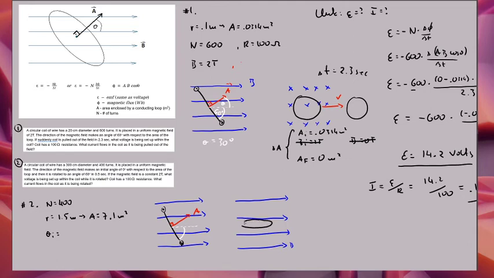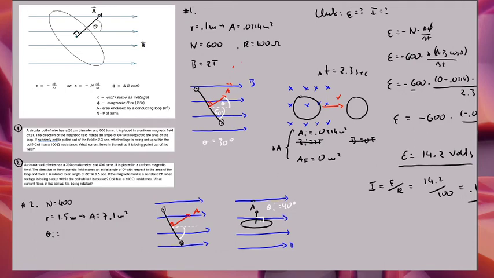So there's that, and then A points like this. So the initial angle, they say it is 0 between the magnetic field B and the loop itself. So that means the two are parallel, and that implies that the angle between A and B is going to be 90. So theta I is 90 degrees, and then this thing rotates in half a second.